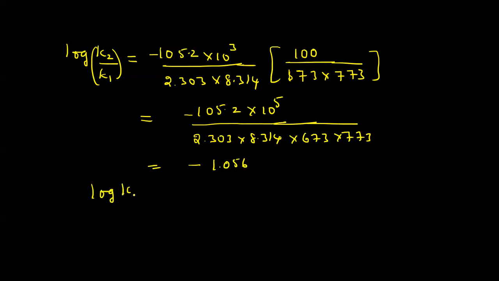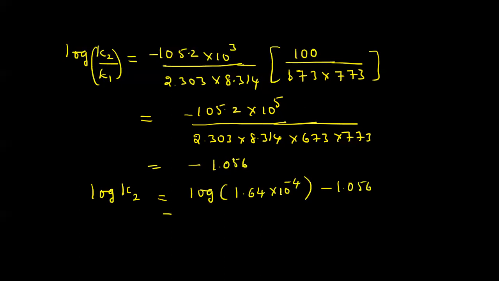So we will take log K2 and send log K1 to the other side, since log K2 by K1 is log A minus log B. That will become log K1 minus 1.056. The logarithmic form of the K1 value given in the problem is log of 1.64 into 10 to the power of minus 4, minus 1.056.